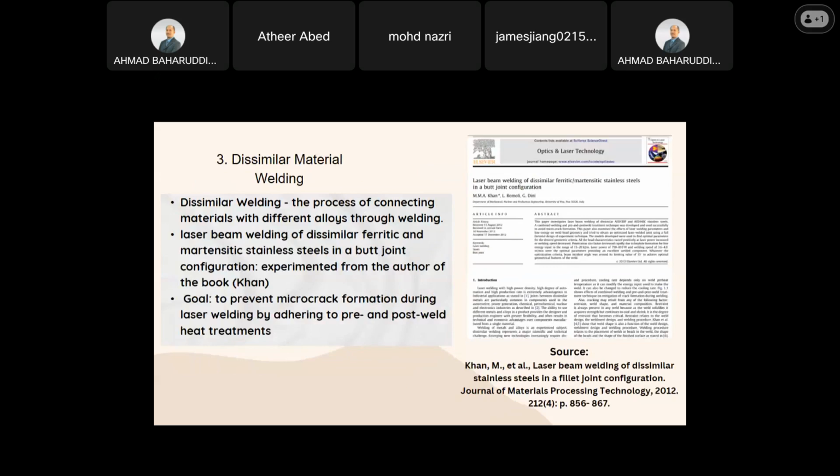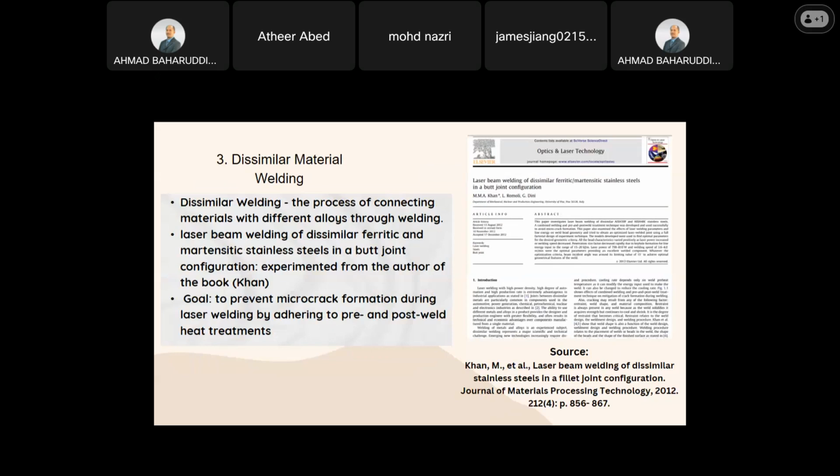So this is the research that I found from the articles, from the Department of Mechanical, Nuclear and Production Engineering from the University of Pisa. So the research is focusing on the laser beam welding of dissimilar ferritic and martensitic stainless steel, which have different natures of the metal.